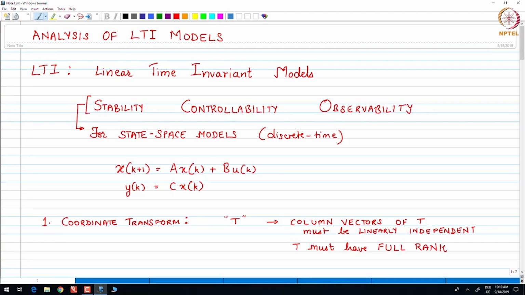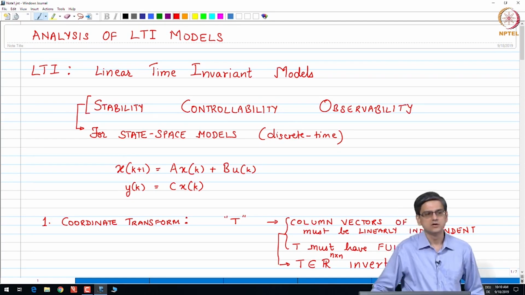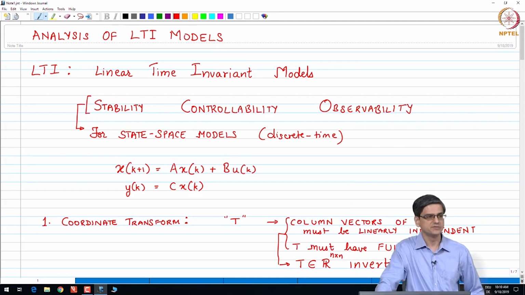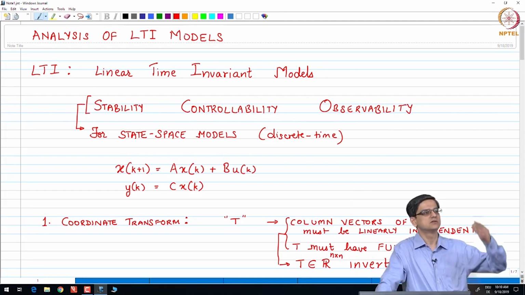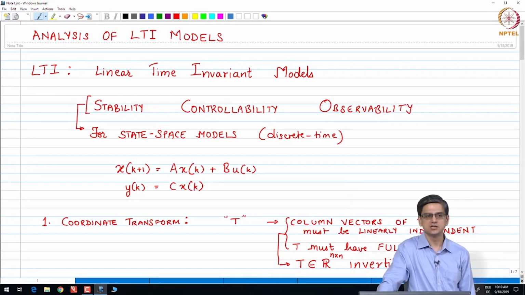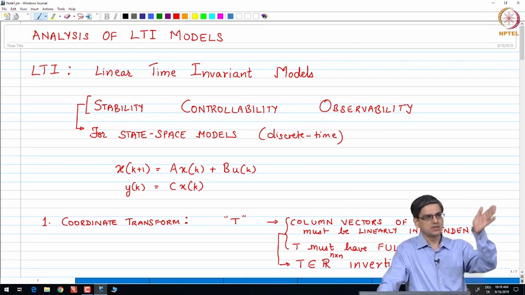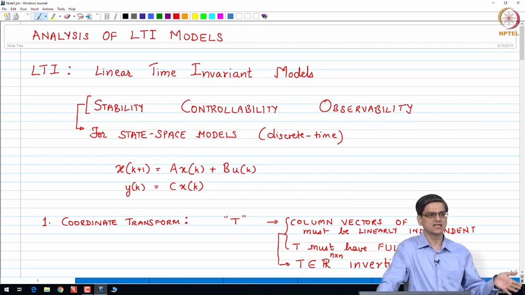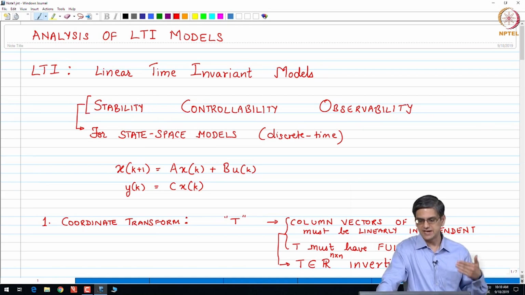Okay, both these conditions together mean that T is a n cross n invertible matrix. What that means is, let us say we are working in an n dimensional space and we have m linearly independent vectors where m is less than n, okay, then the full rank condition does not work, right.